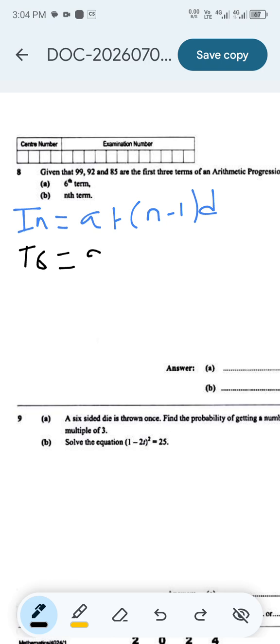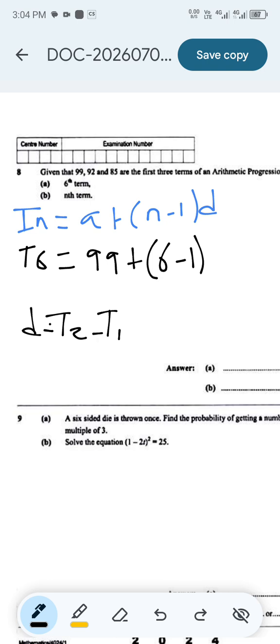Our first term is 99, plus the term we're looking for, the sixth term, minus 1. What is the common difference? We subtract the first term from the second term. So the common difference is equal to the second term minus the first term. In our case, the second term is 92 minus the first term, 99. So the answer is -7, and -7 is going to be our common difference.